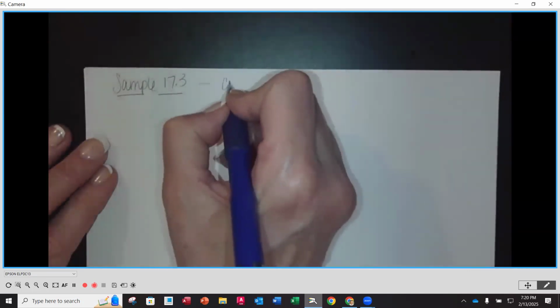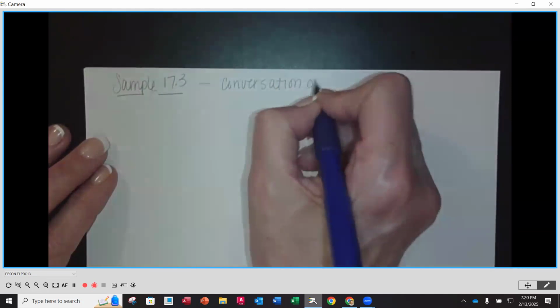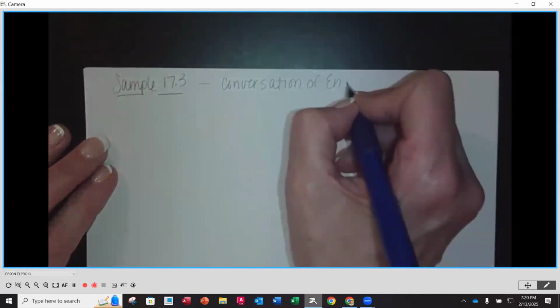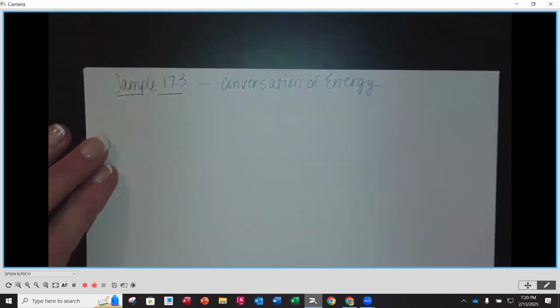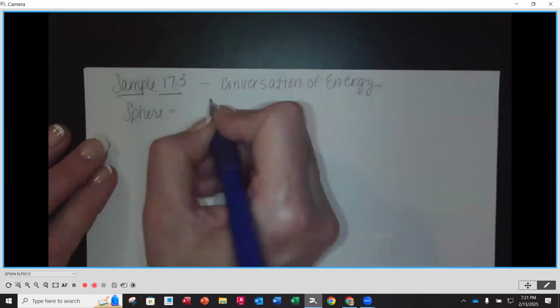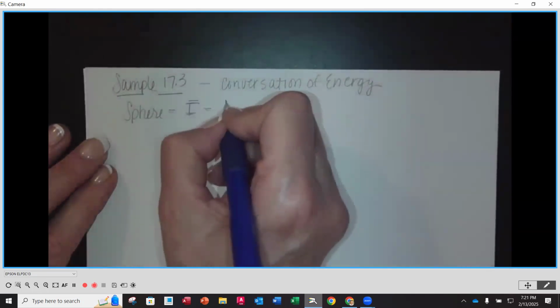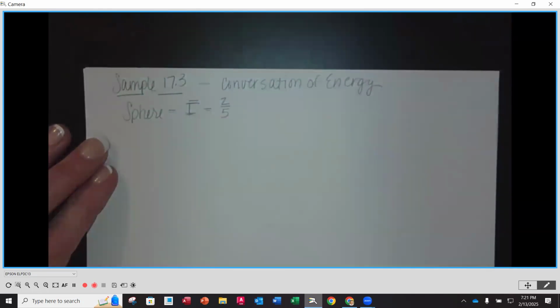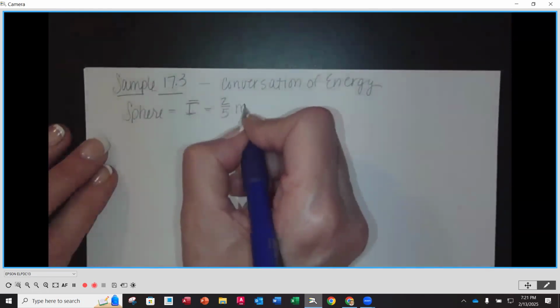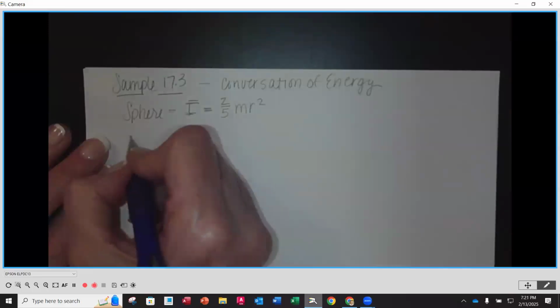And again, we're going to use the conservation of energy approach. Sphere: the moment of inertia is going to be equal to 2/5 times mass r squared. We did put that on our equation sheet.